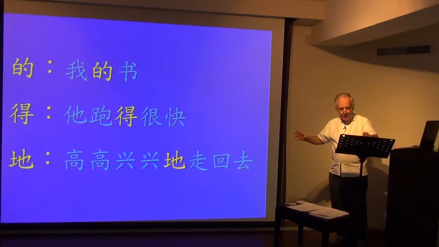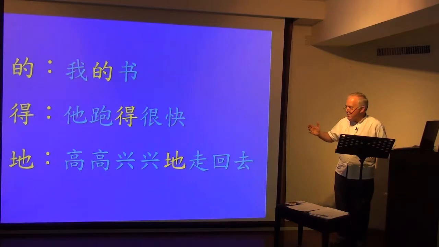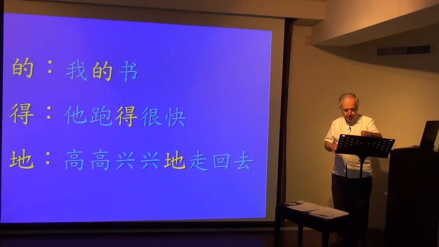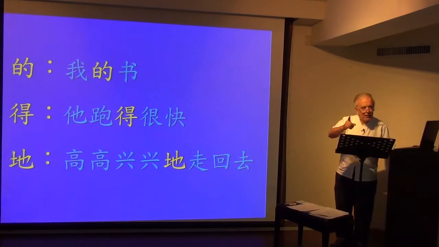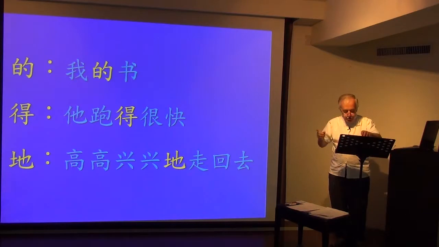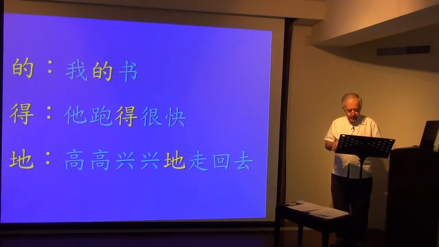Where 地, although it's showing how actions are done, is used more for emphasis. 他高高兴兴地走回去. Or 我已经清清楚楚地告诉了你，你怎么还不懂? That 地 is used with adjectives to add emphasis.